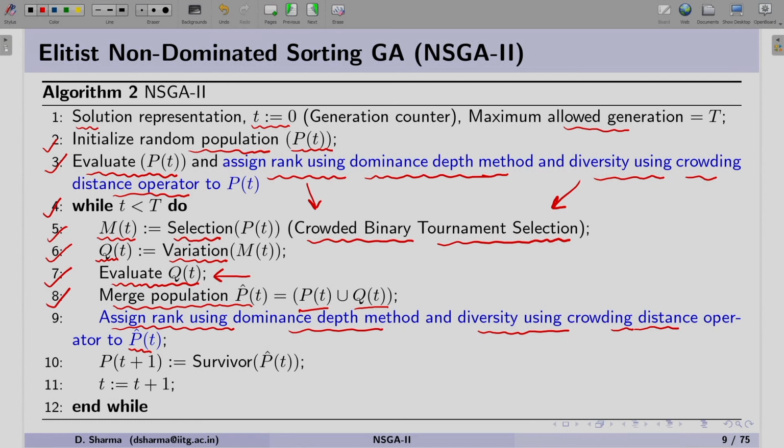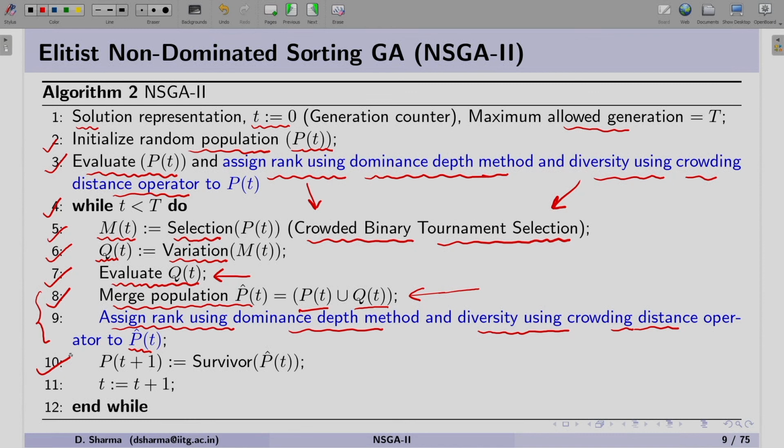Here is a small change you can find: instead of just ranking the new population QT, both the populations are combined in step number 8, and then rank and diversity both are calculated for the combined population.